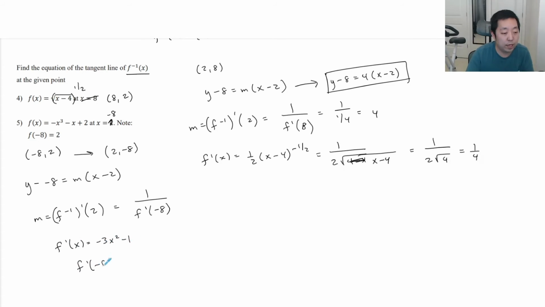So f prime at negative 8 is a very, very big number: negative 3 times 64 minus 1, so it's negative 193. So this is going to be negative 1 over 193. And so then our equation is y minus negative 8, which makes it y plus 8, equals negative 1 over 193 times x minus 2.